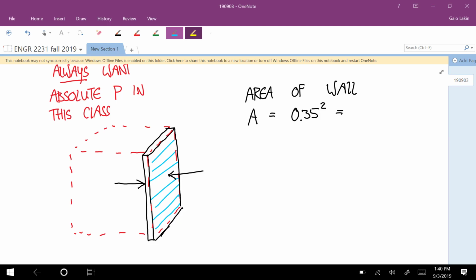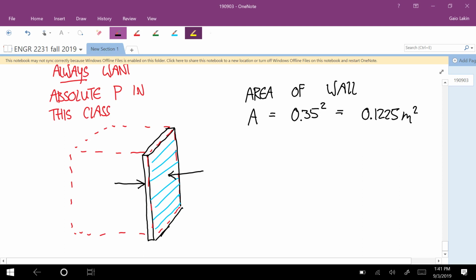Let's skip that. We'll say it's thin enough that that's going to be small. It's a good question. So 0.35 squared, I don't have that written here. Can someone calculate that? 0.1225 meters squared.